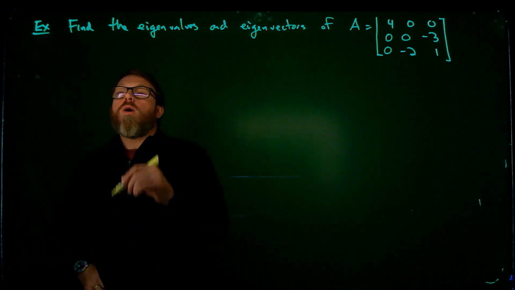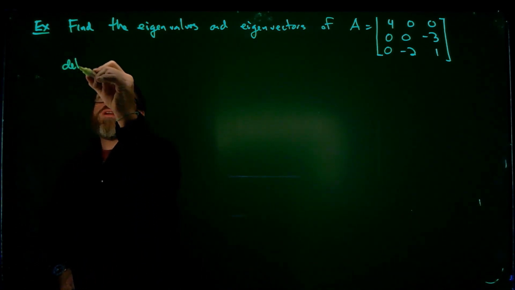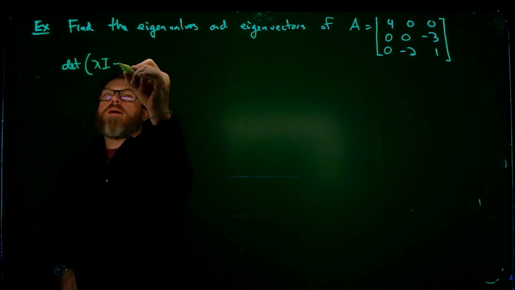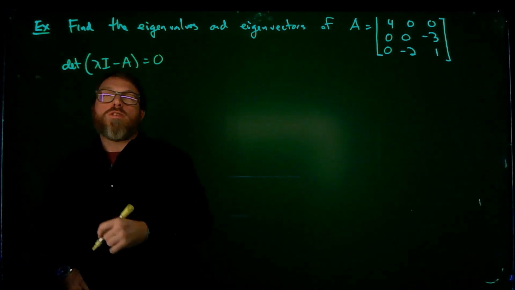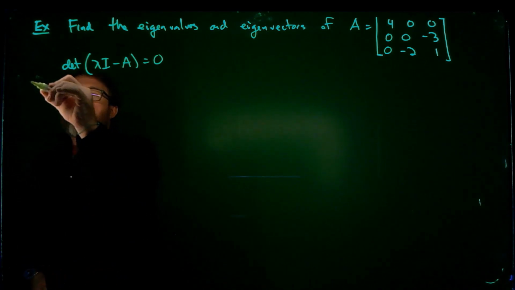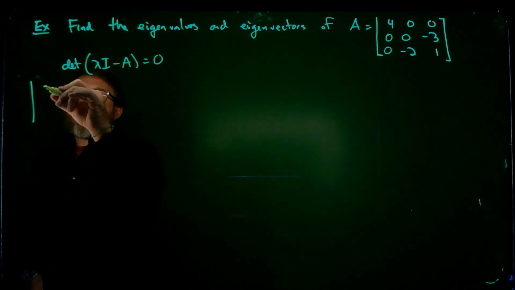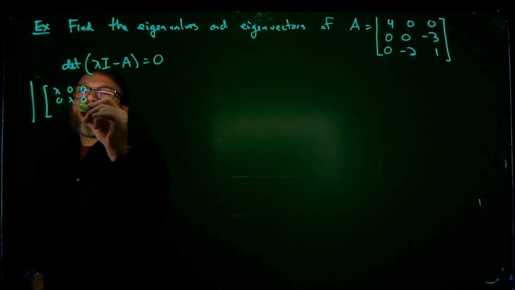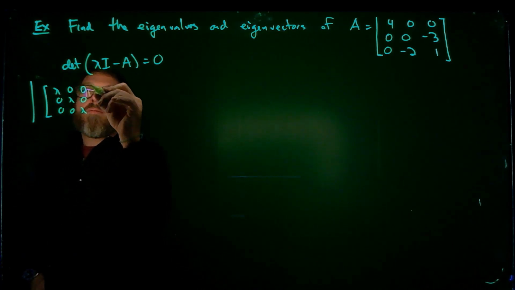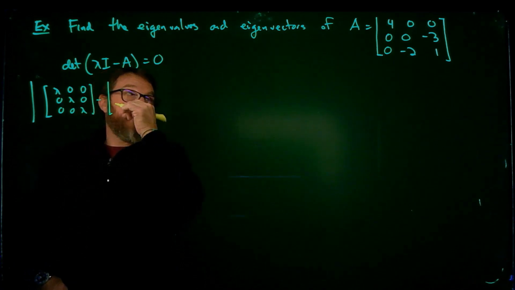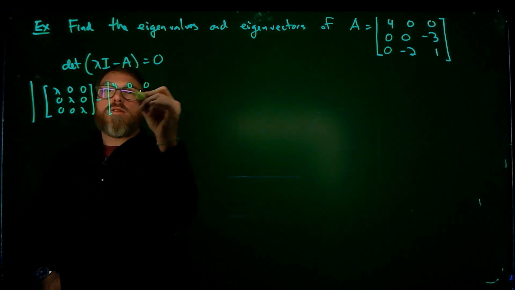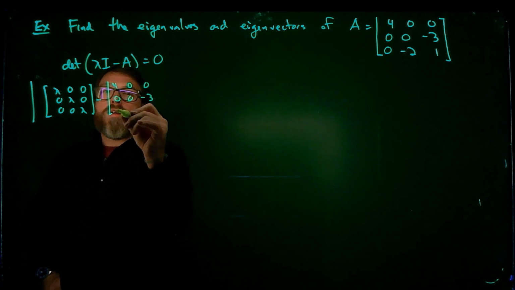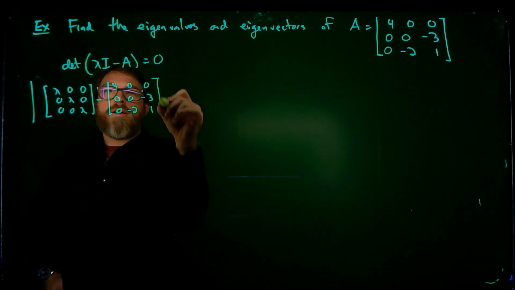So what we know is that we're just finding the determinant of lambda I minus A, and making that equal to 0. So the determinant of lambda I, since this is a 3 by 3, we're going to have lambdas on our diagonals. And then we're going to subtract our A matrix, which is 4, 0, 0, 0, 0, minus 3, 0, minus 2, 1.